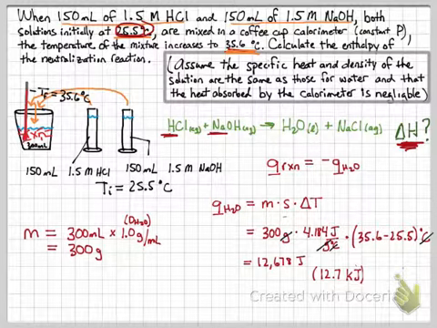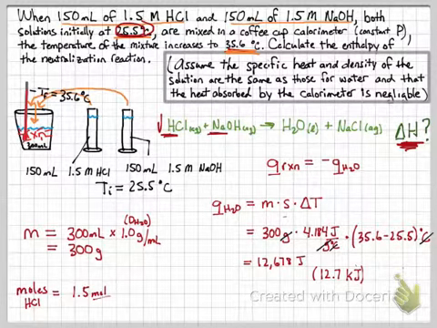But the reaction was for specifically 150 milliliters of 1.5 molar HCl, which is not going to be exactly 1 mole of HCl. So how do we normalize this for this particular equation? Well, what we do is we calculate the actual number of moles of HCl used, and we could do this for NaOH too. It doesn't matter in this case because neither one is limiting. If there is a limiting reagent, you have to use the limiting reagent to do this portion of the calculation.